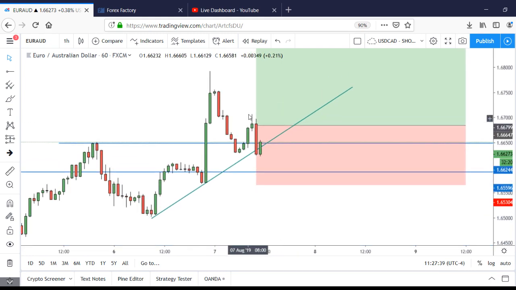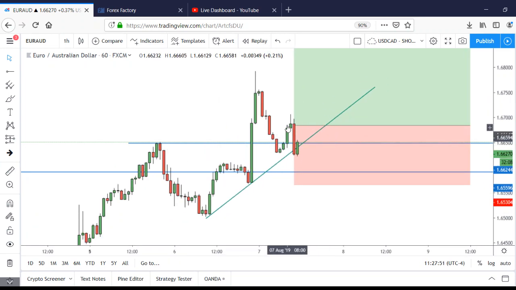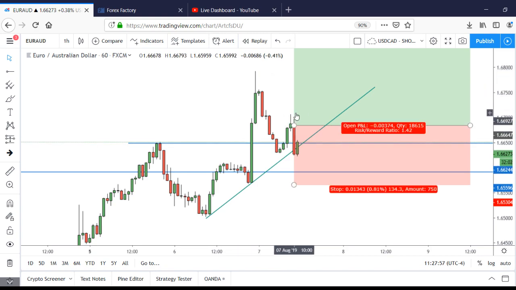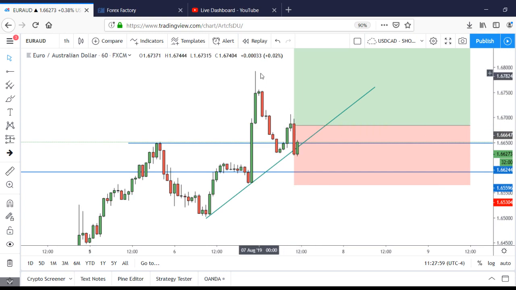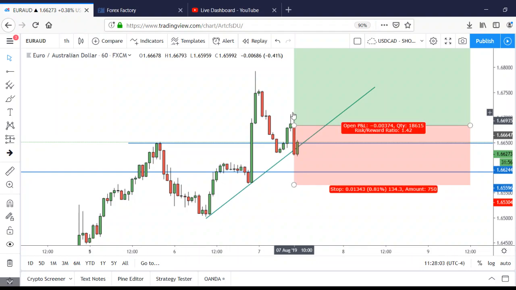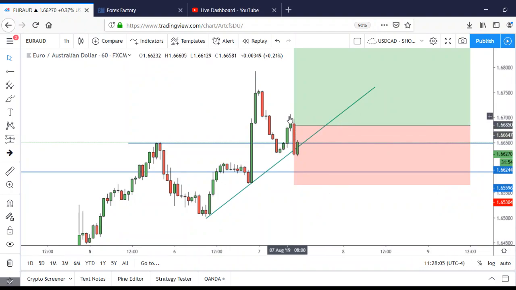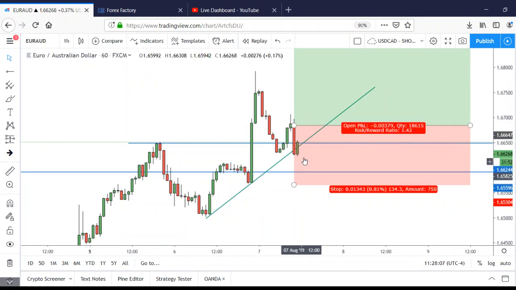So right now I would be pretty cautious about this trade. The setup looked like it was there, and if you did take it, if you're a price action trader like myself, you probably would have taken this trade. The only problem is this high right here. We haven't cleared it yet, so it could have just been this initial push, could have just been the production of a lower high before we create a lower low.